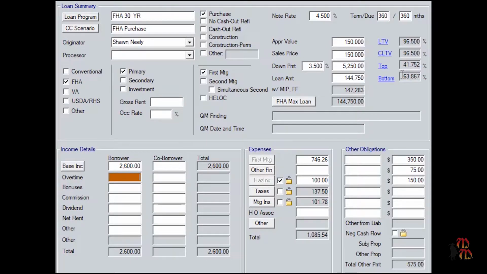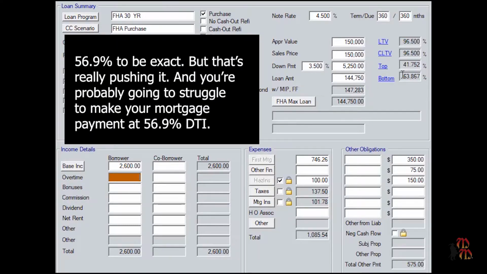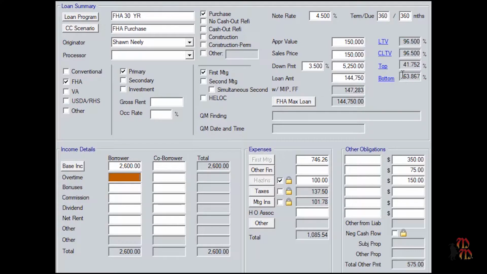The highest that you can go FHA is about 55%. Yeah, you can go a little bit higher, but you don't want to play. There's a difference between what you can do and what you should do, and what you'll get an approval for. All right, but just think of it in those terms. And then the highest on a conventional loan, on this bottom, is going to be really 43 to 45%.